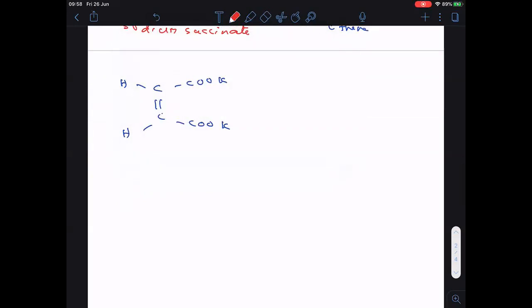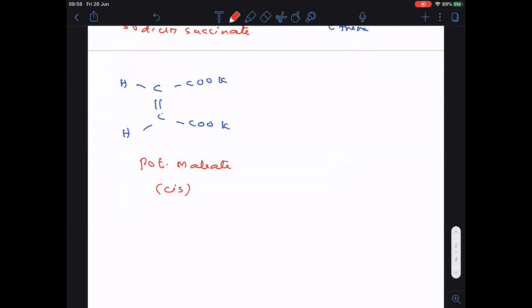This is called potassium maleate, and remember it is the cis isomer.